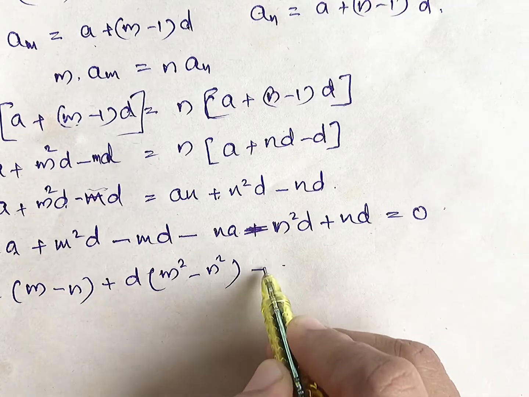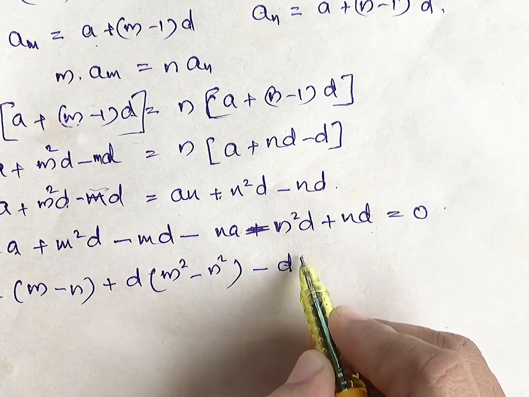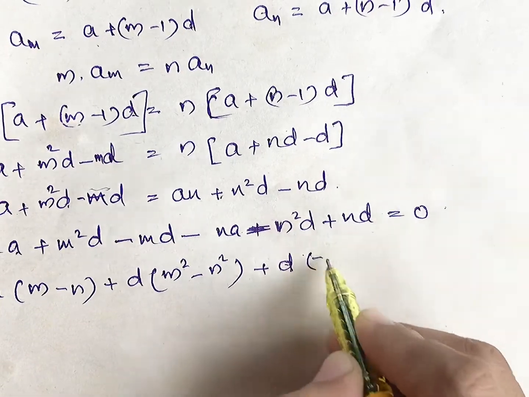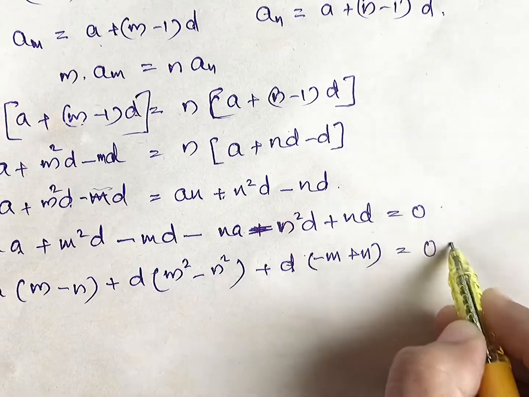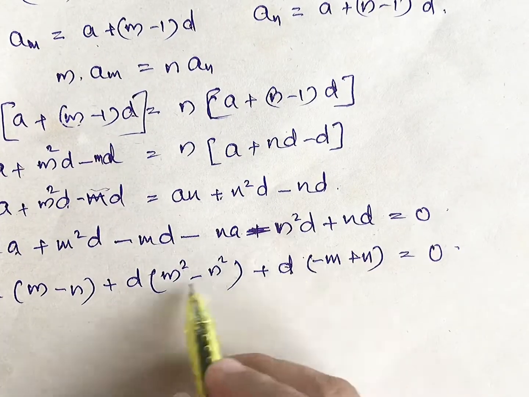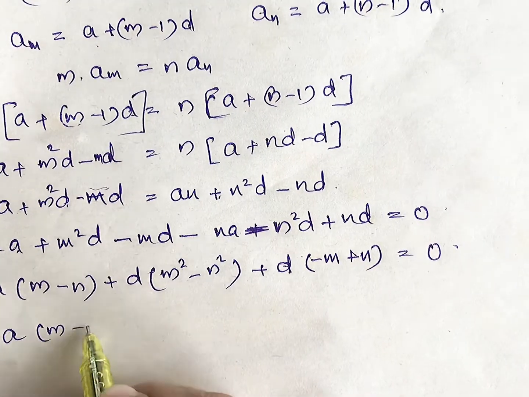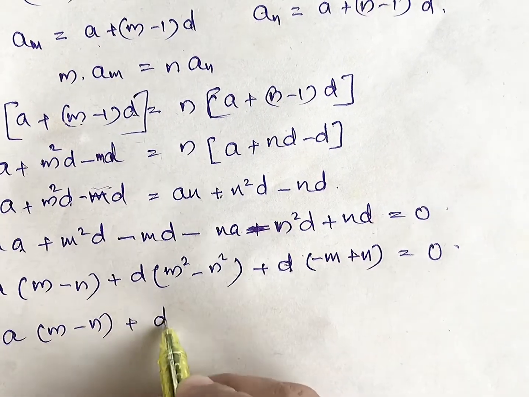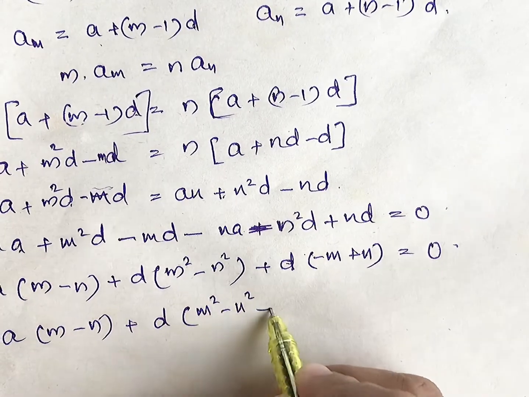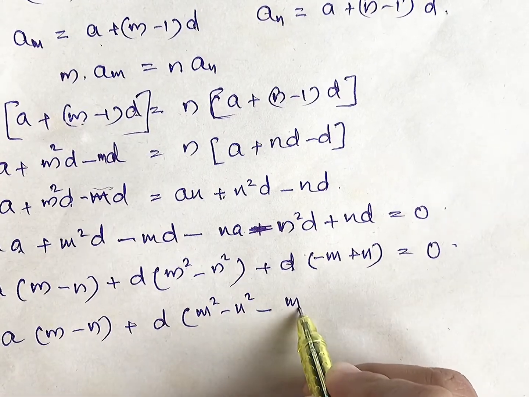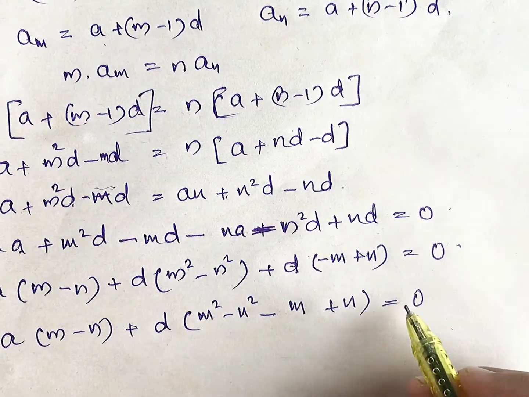Again, d into minus m plus n equal to 0. In both these terms, again d is a common factor. Therefore, a into (m minus n) plus d into (m square minus n square) minus (m minus n) equal to 0.